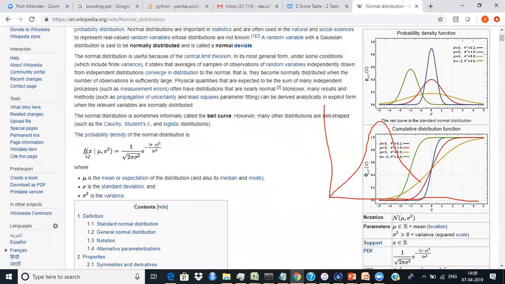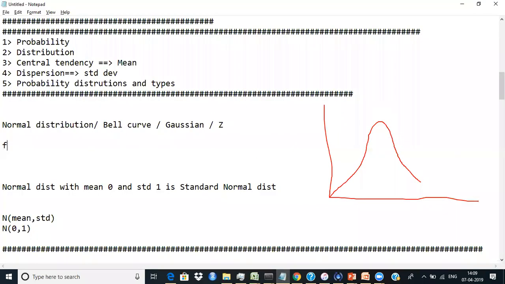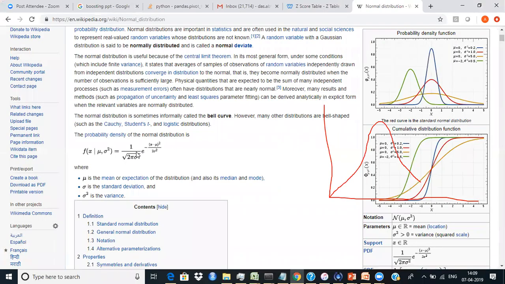Okay. Now, so how does the equation look like? The equation is f of x, it's a function of x, right? So f of x is equal to 1 by root 2 pi sigma square.